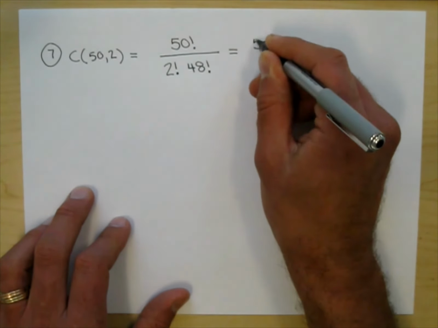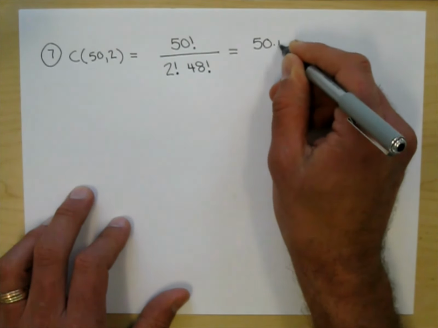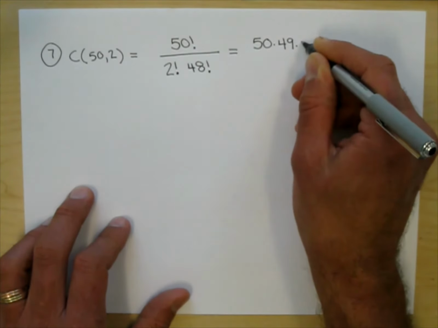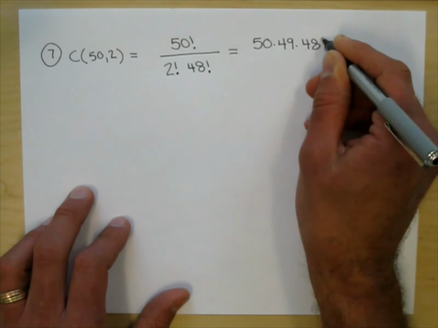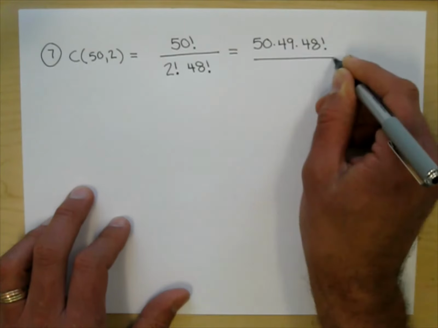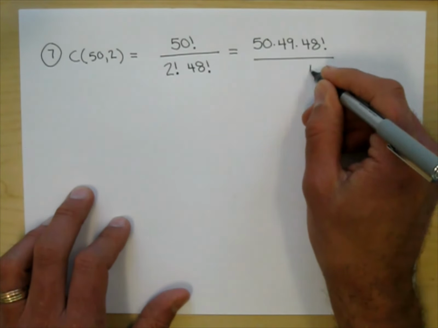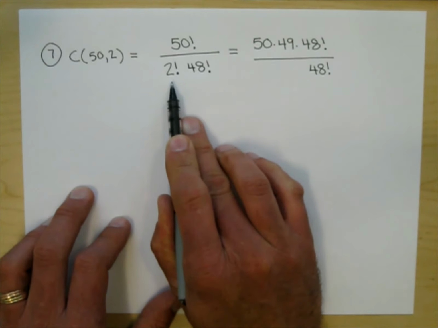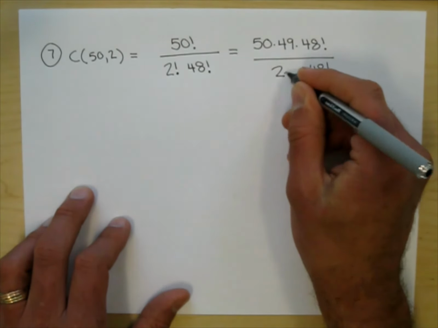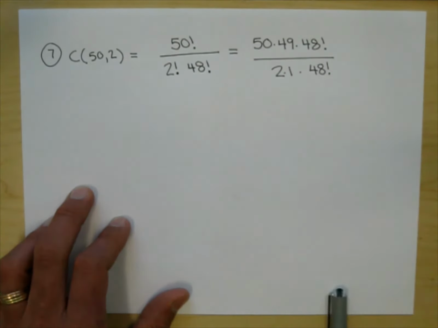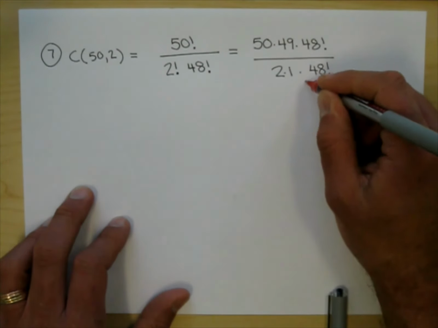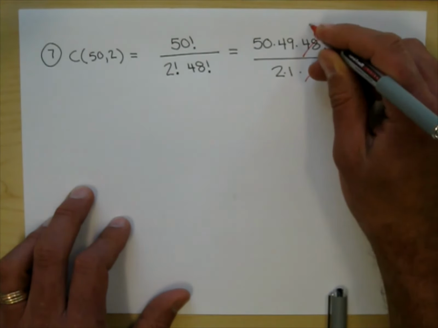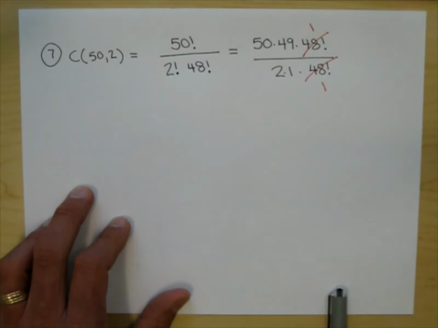Watch this. 50, 49, 48 factorial. This is all over the 48 factorial from here, and then you have 2 factorial, which is just 2 times 1. You don't have to write that 1. The 48 factorials cancel.